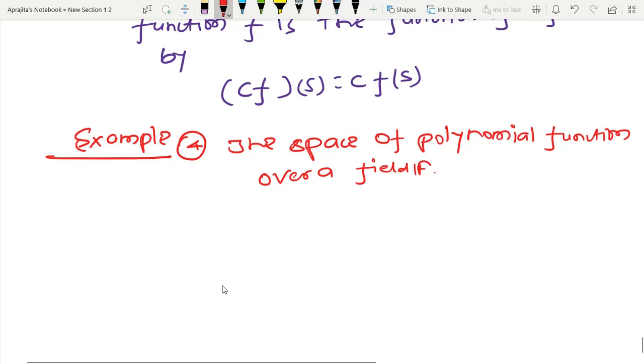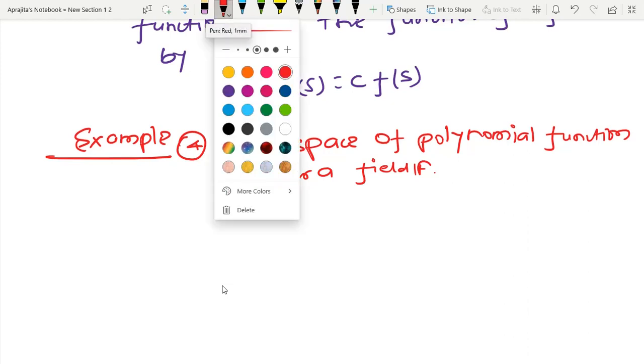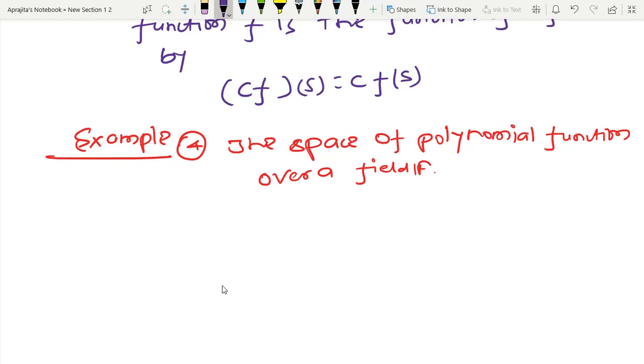So again I have to identify the field, vectors. After that the additions, vector addition and scalar multiplication.